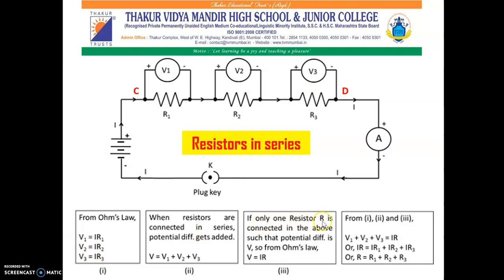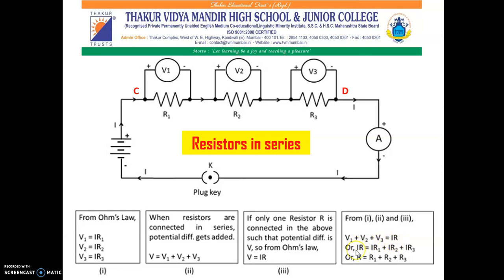If only one resistor R is connected in the above example, then the potential difference will be V, that is V is equal to IR. But over here there are three resistors R1, R2 and R3 and three potential differences V1, V2 and V3. So from the first, second and third equation, we can conclude that the total voltage is V1 plus V2 plus V3, that is equal to IR.